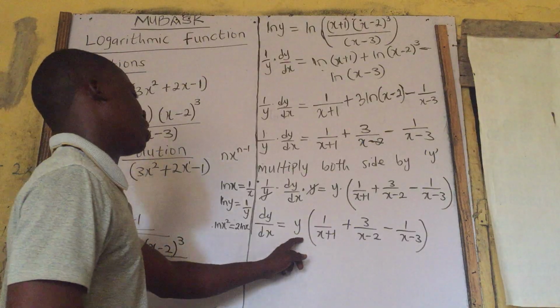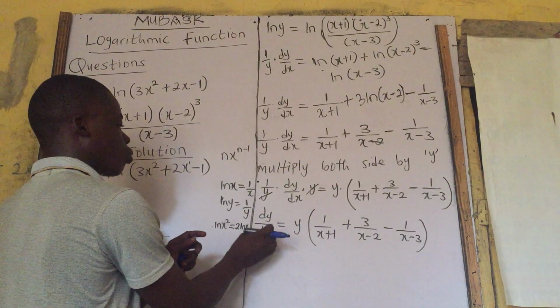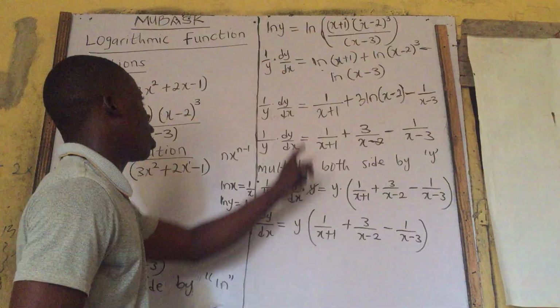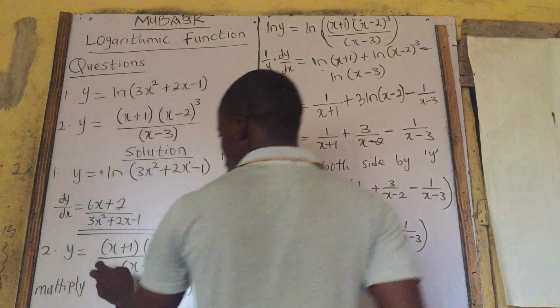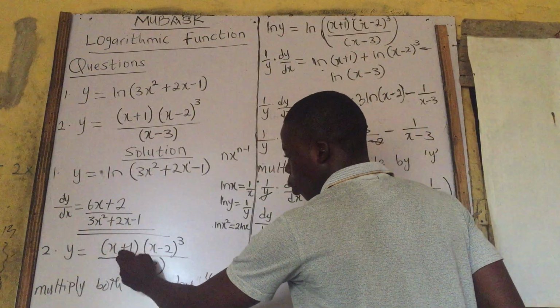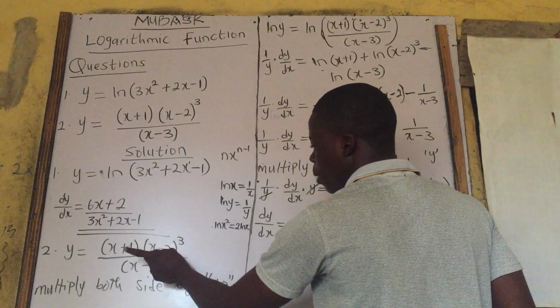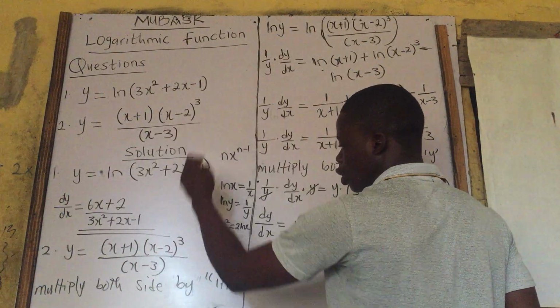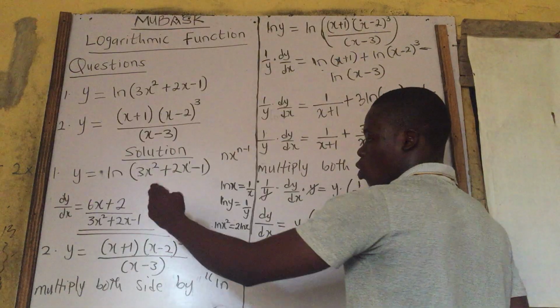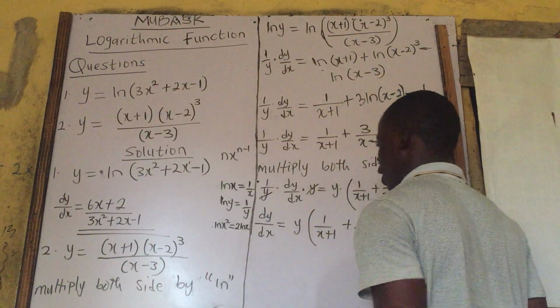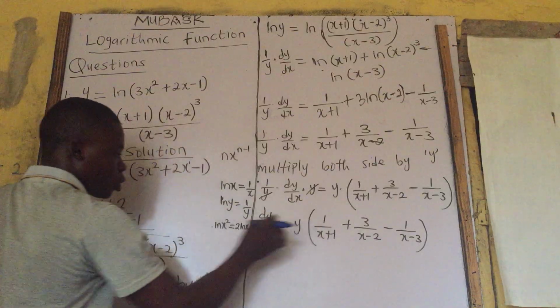But we cannot leave our answer like this because we have to obtain dy over dx. But our y equals to what? Our y equals x plus 1 open bracket x minus 2 close bracket raised to power 3 divided by open bracket x minus 3 close bracket. So we have to substitute our y.